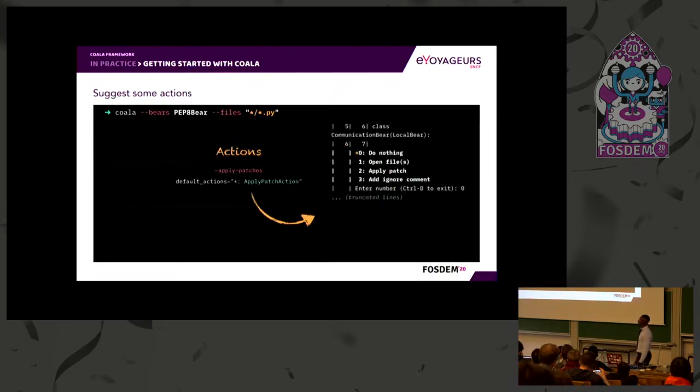And after that, you have actions, as I said before. You can either do nothing, open the files, apply the patch, which means make the code compliant, or ignore the comment. You can also apply patches at the command line to do the apply patch action directly.